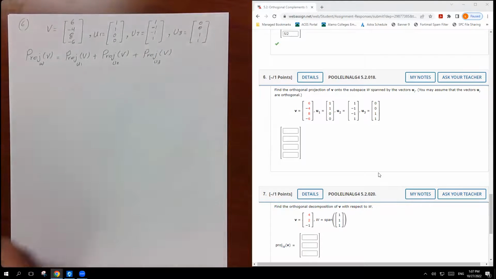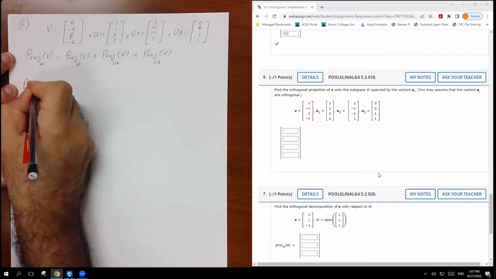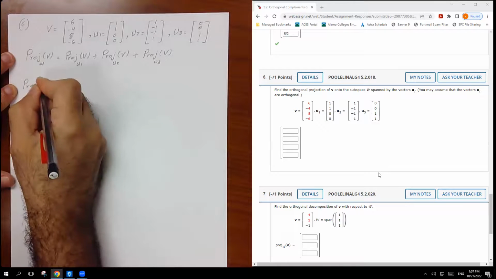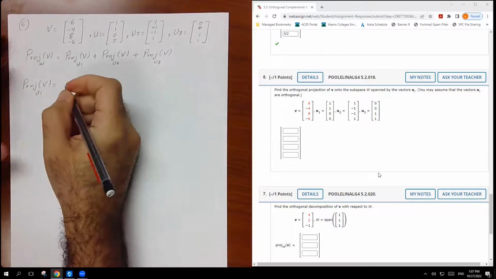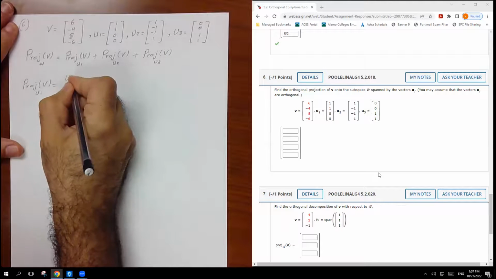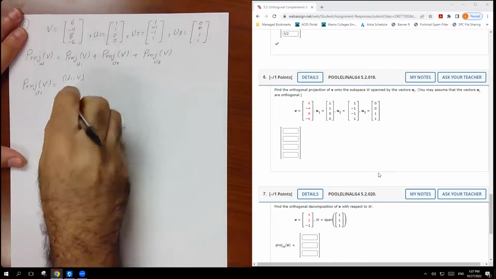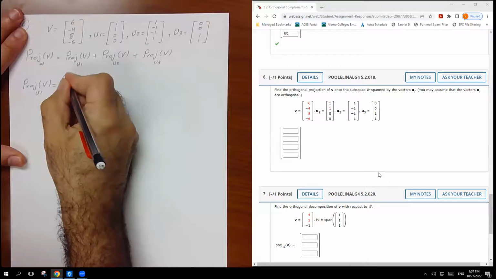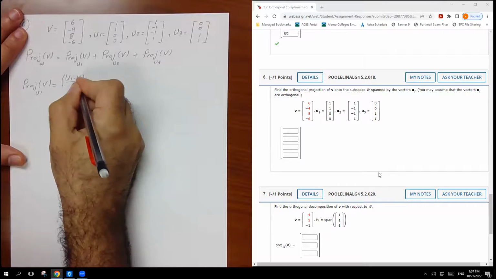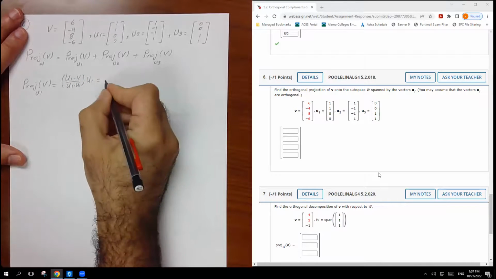So we're going to find, first of all, the projection of V onto U1, which is equal to U1 dot product with V over U1 dot product with U1, times U1.